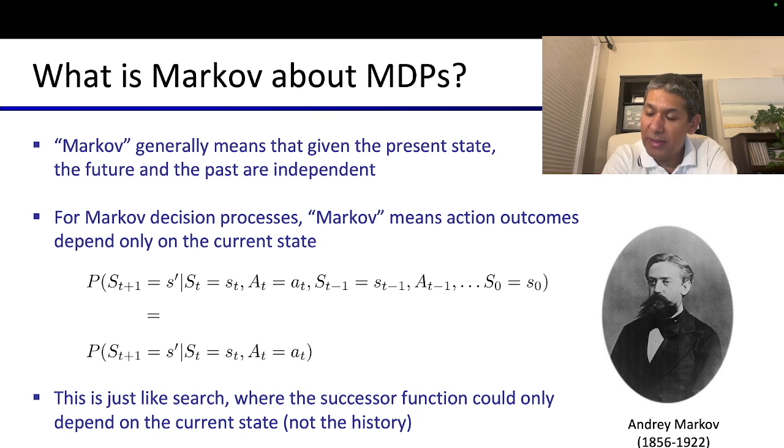When we keep hearing this term Markov decision process, where does the Markov really come from? So Markov in general means that when you're given the present state, the future and past are independent. In other words, the future state just depends upon the present state, and does not really depend upon the past states at all.